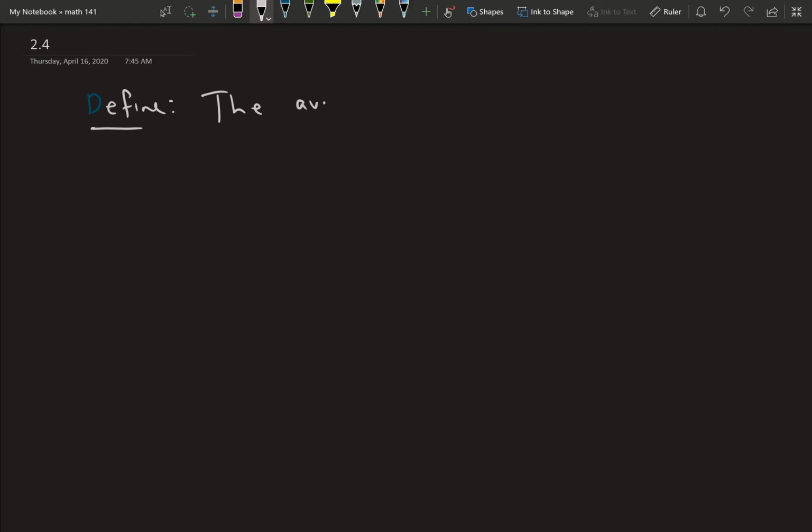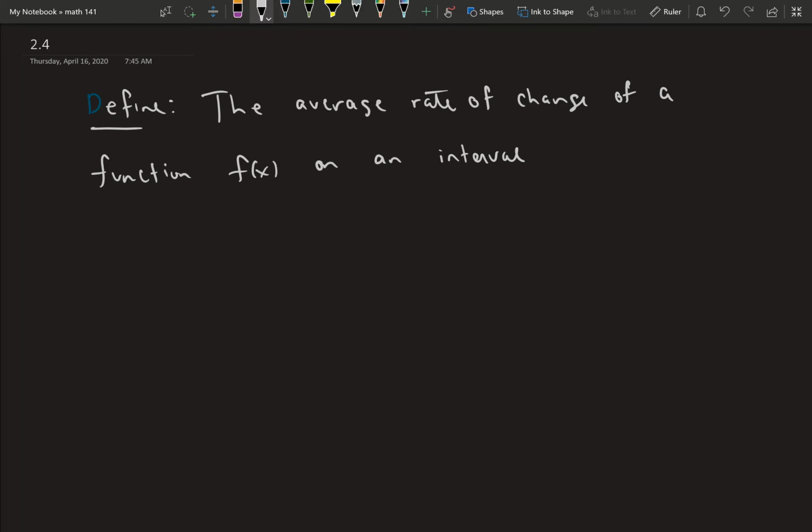So the average rate of change of a function f of x on an interval a to b is given by f of b minus f of a over b minus a.